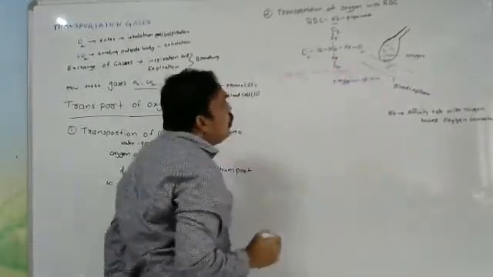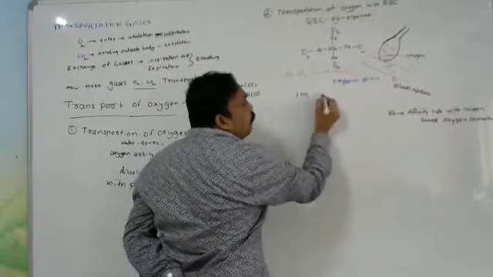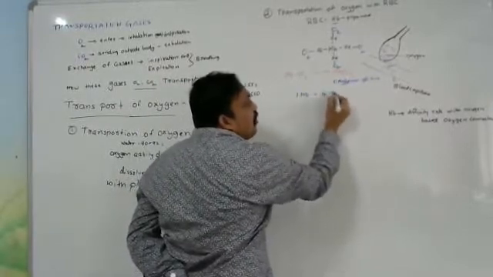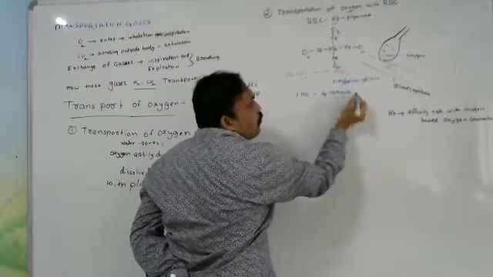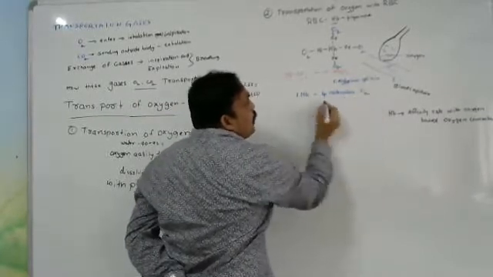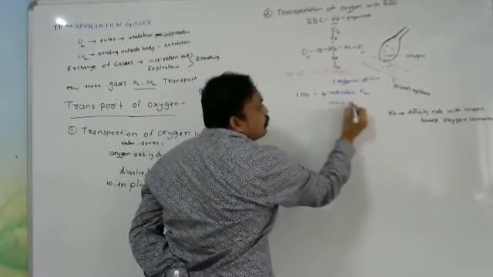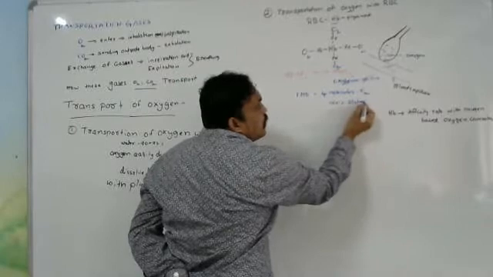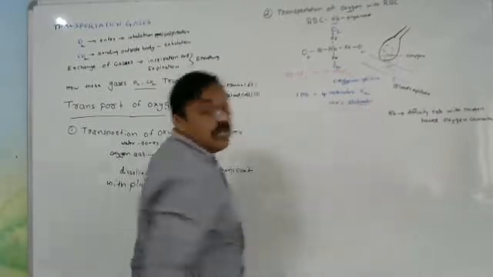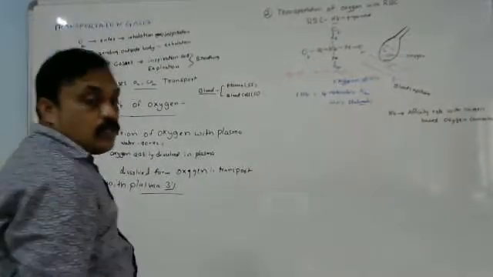So one hemoglobin binds with four molecules of oxygen. So it is 100% saturated. Hemoglobin is 100% saturated based on the concentration of oxygen in the alveoli.